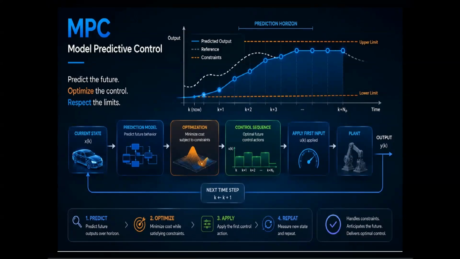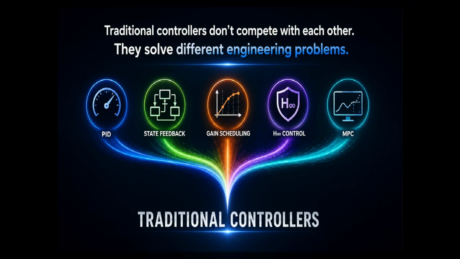This process repeats continuously, allowing the controller to adapt to change while always planning ahead. That ability to anticipate future behavior is what makes model predictive control one of the most powerful and widely used control strategies in modern engineering.